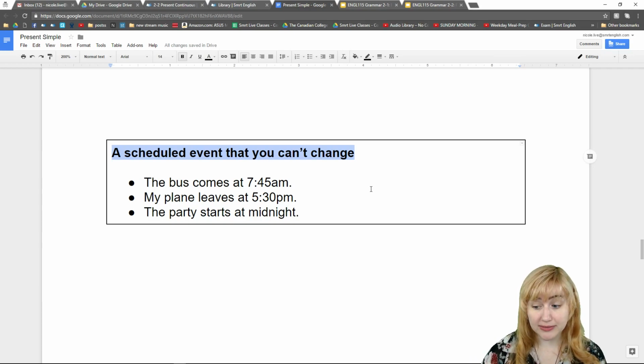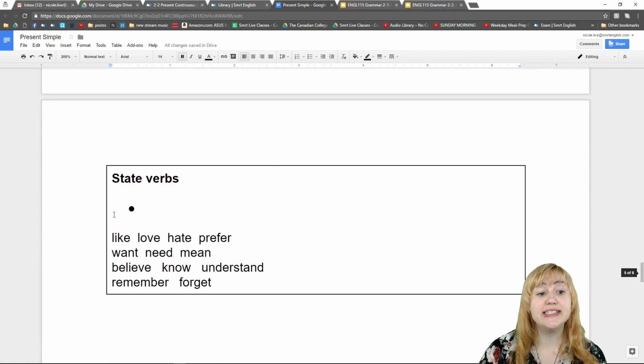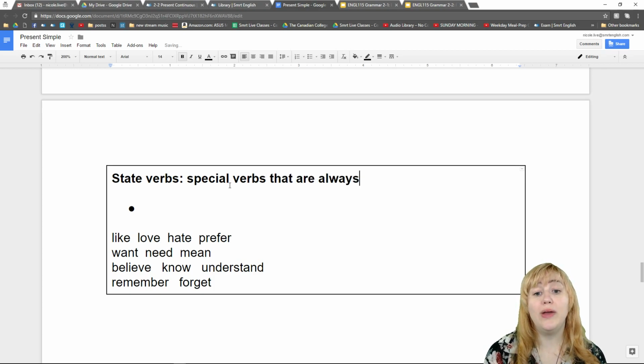I'm gonna add one more thing that's just a little bit difficult, and that's state verbs. I have some examples of state verbs here. State verbs are special verbs that are always simple.